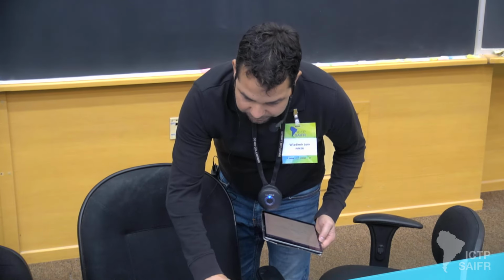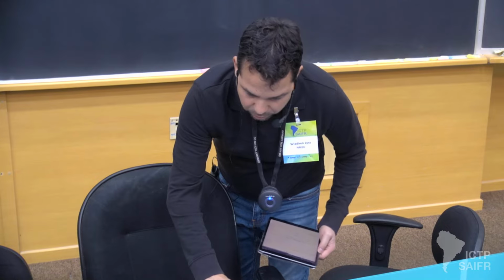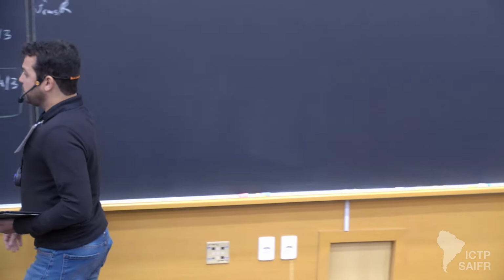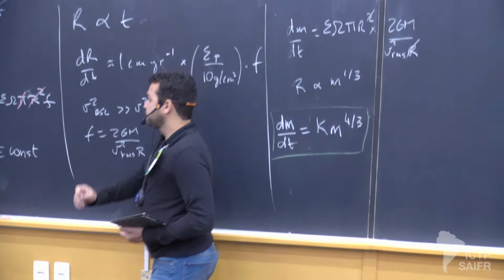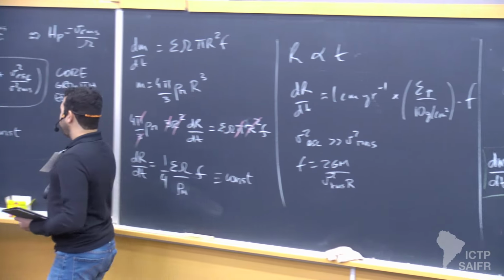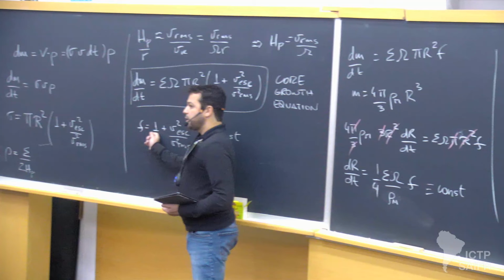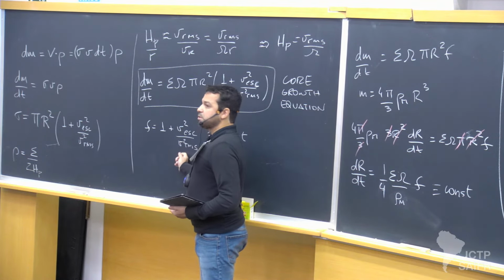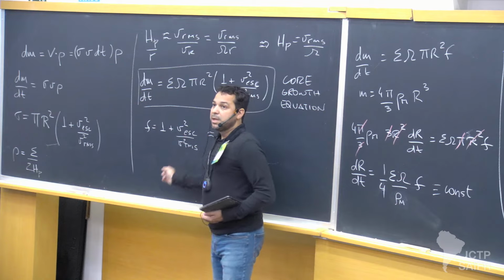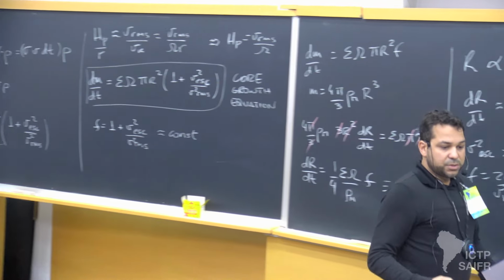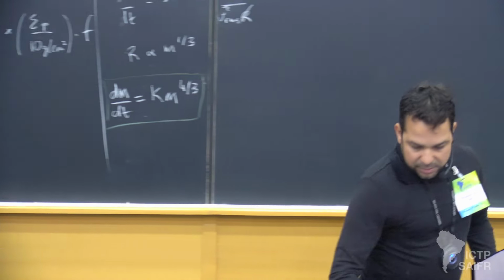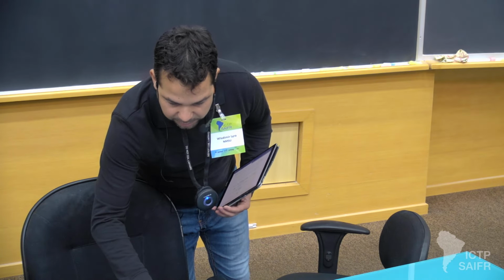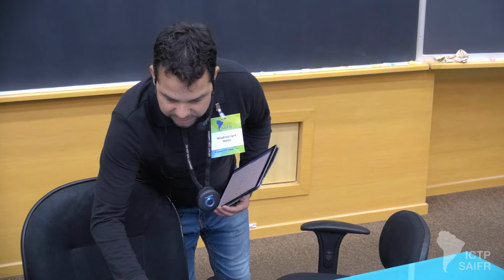Now, there is something off here. This growth cannot really continue in this way. What happened is that we assumed here that this f was constant, right? And that we are in a situation where we can ignore this term here, v escape being much, much bigger than v RMS. However, as a body grows, what is it that we saw in the simulation? That it's going to stir up the planetesimal disk.